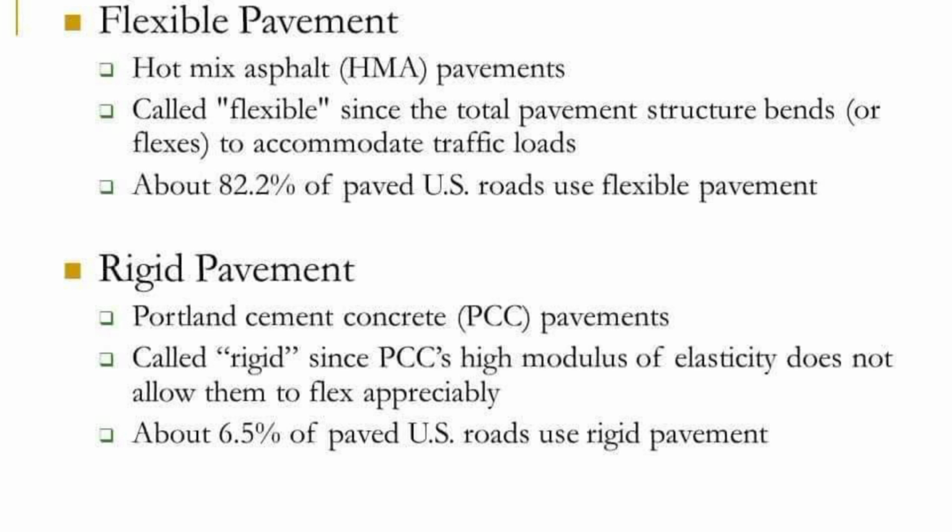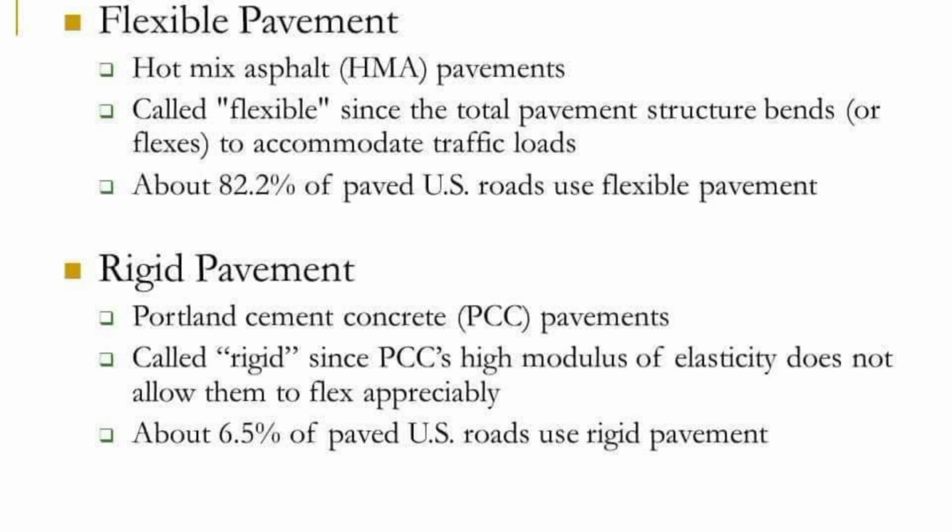Here we are going to discuss the flexible pavement and rigid pavement and their main difference. The main difference is that flexible pavement is a hot mix asphalt pavement in which the bitumen is used as a binder. Somewhere tar is also used as a binder.